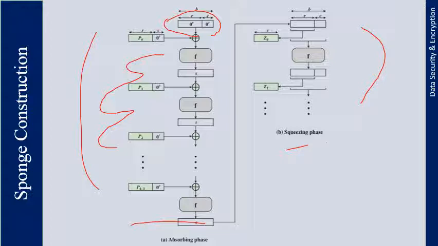For each iteration in the absorbing phase, the input block to be processed is padded with zeros to extend the length from r bits to b bits. Then the bitwise XOR of the extended message block and s is formed to create the b-bit input to the iteration function f.